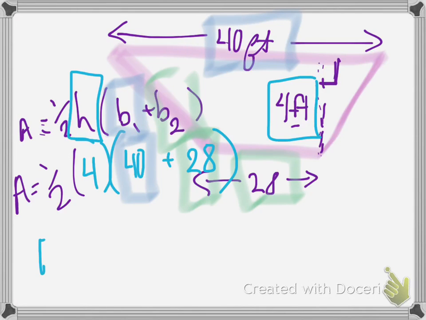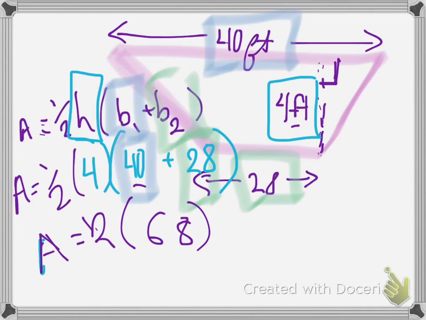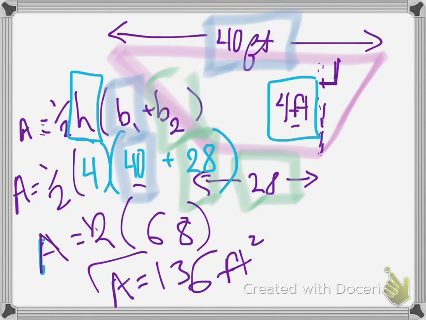So area equals 1/2 times 4 is 2, times 40 plus 28. Well, 40 plus 28 is 68, so area equals 2 times 68. So area equals 136 feet squared. Remember your units.